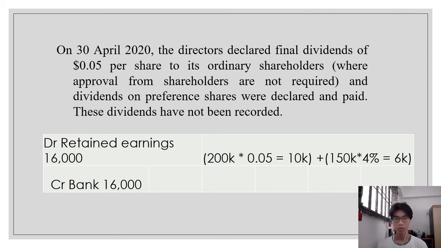Therefore, we take 200,000 times 5 cents, which is 10,000, plus 150,000 of preference share times 4%, which is 6,000. Therefore, we debit retained earnings 16,000, and then we credit bank 16,000 as we have already paid them.